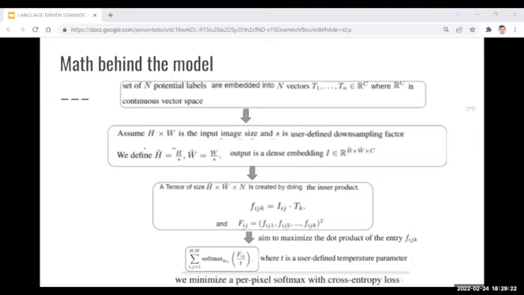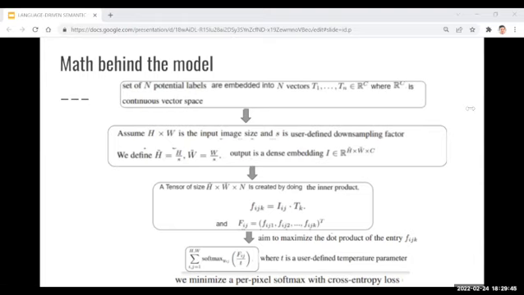Finally you get a dense embedding matrix I. Then we talked about correlation: a correlation tensor is created by using a dot product, of size H into W into n, where n is your number of potential labels.